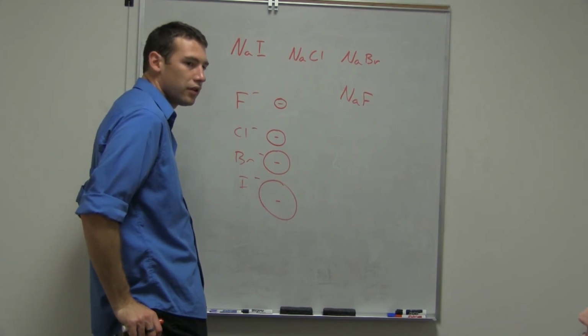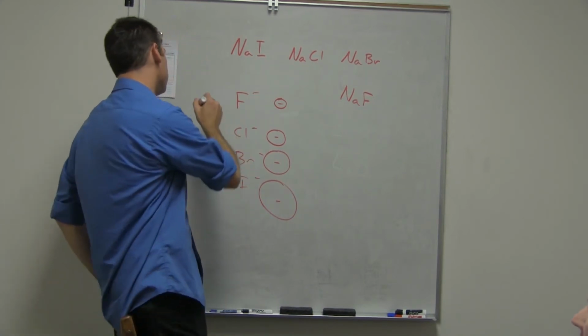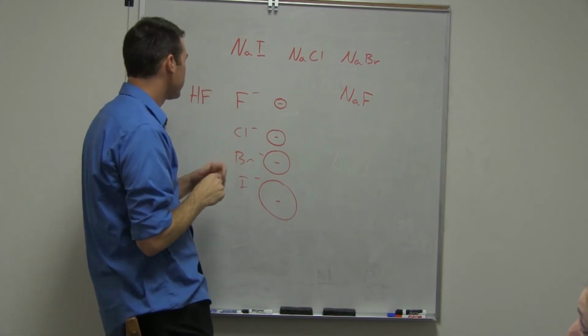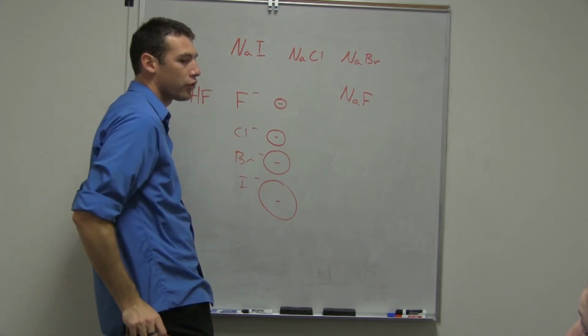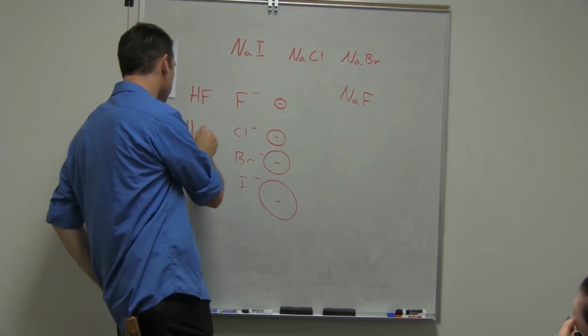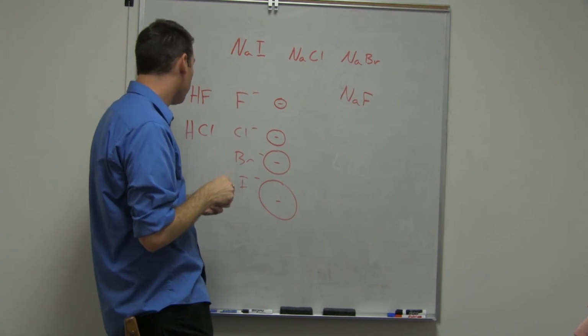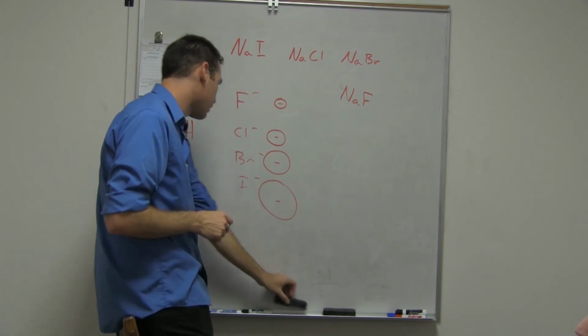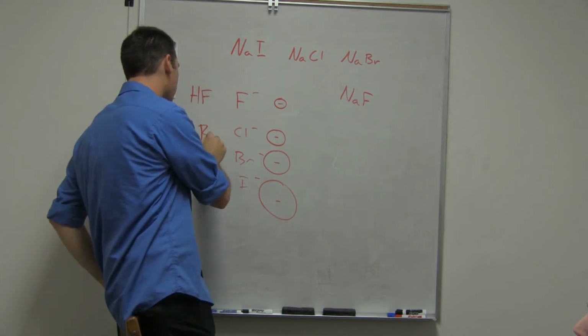Insoluble means it doesn't dissolve. If you have hydrofluoric acid, it's actually a weak acid because it won't break up in water that easily. Whereas HCl dissolves very easily in water, and even easier to dissolve in water is HBr.